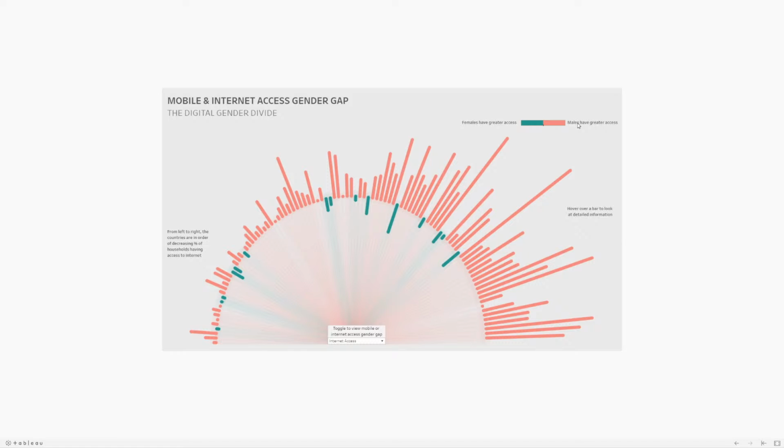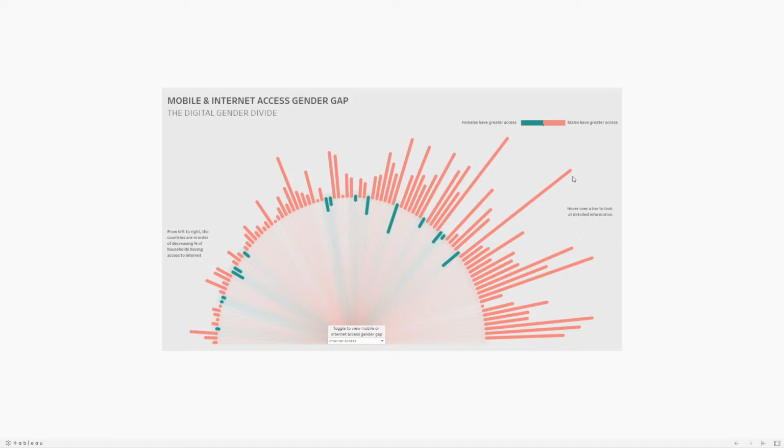There is something to be said about rounding the ends of a bar. For accuracy, that's not ideal. But this chart is not one you use to be super accurate, because the story this tells to me is, in some countries, women have greater access to the internet, but in most countries, men have greater access, and there's something that needs to be done.